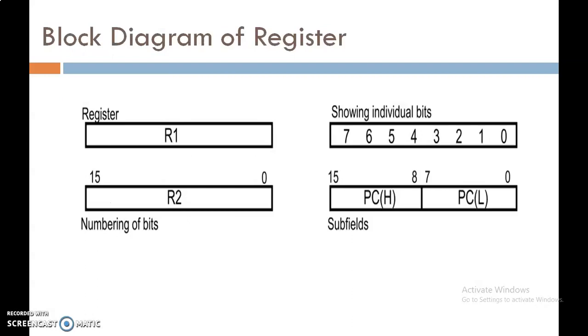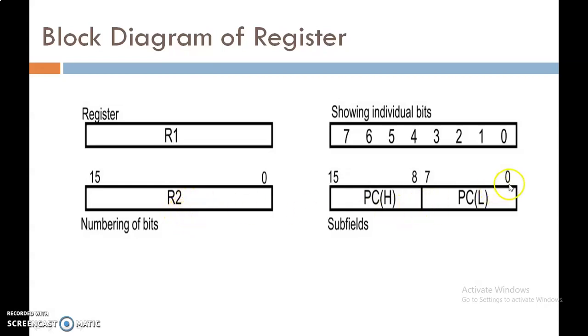Next is block diagram of register. Here in this diagram, two registers are used. First is R1 and second is R2. R1 register holds 8-bit information, so the individual bits are shown as 0, 1, 2, 3, 4, 5, 6 and 7. And R2 register holds 16 bits, so it is called a 16-bit register.